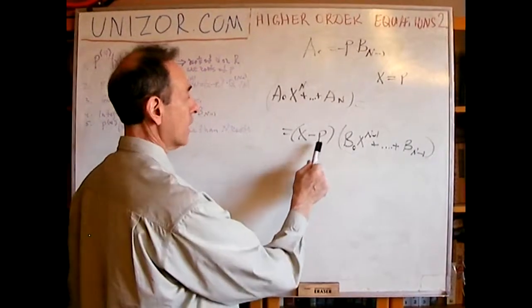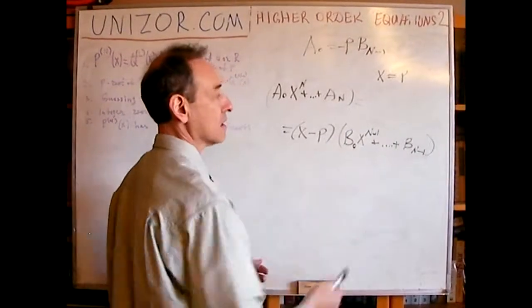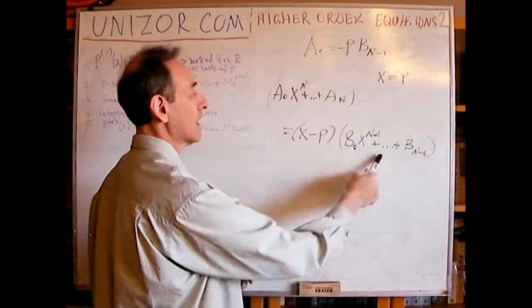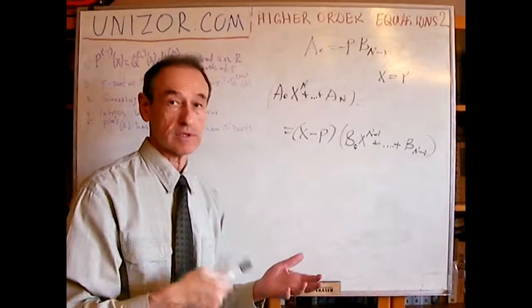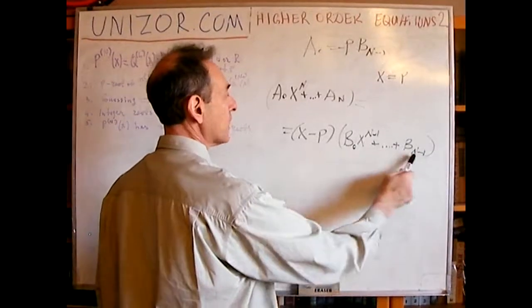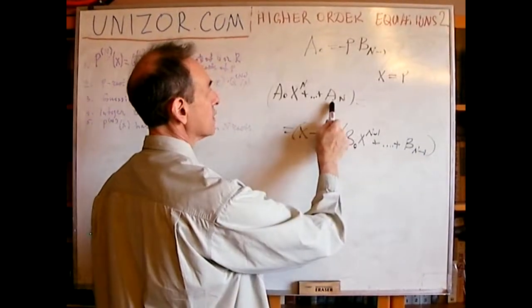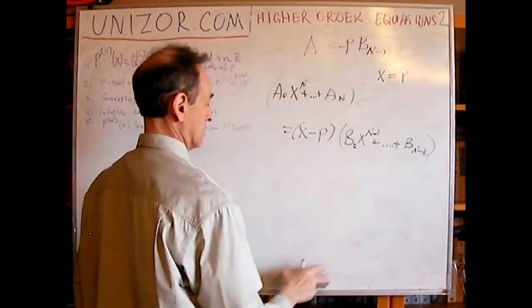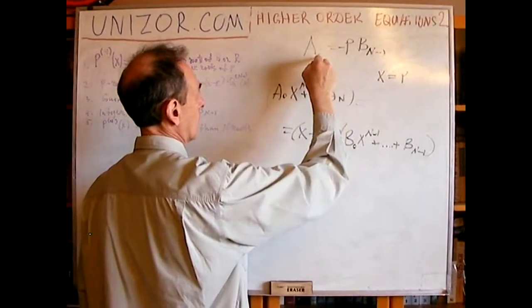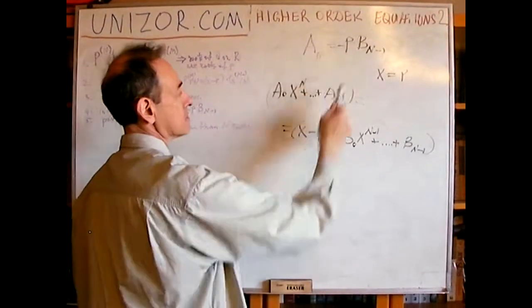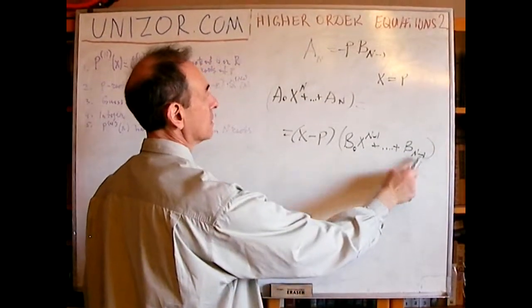Well, it's only this constant minus p and this constant b_(n-1), because all other members contain x to some power greater than 0, first, second, etc. So only when you multiply these two members can you get this. I'm sorry, this is a_n. So that's actually how I derive this. It's only minus p times b_(n-1) that is equal.